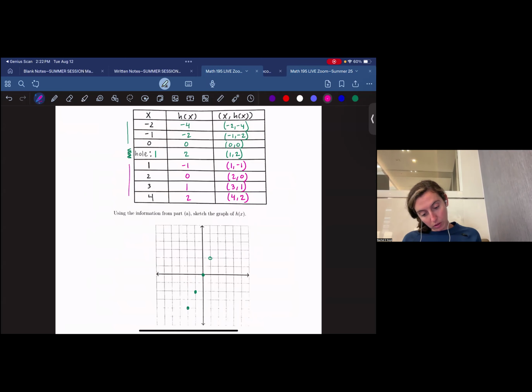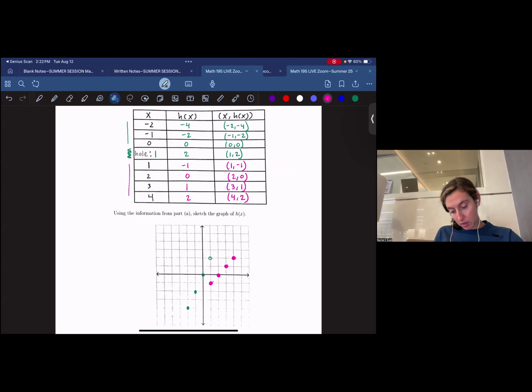And then we have 1 comma negative 1. We have 2 comma 0. We have 3 comma 1. And we have 4 comma 2. So, connect the dots.